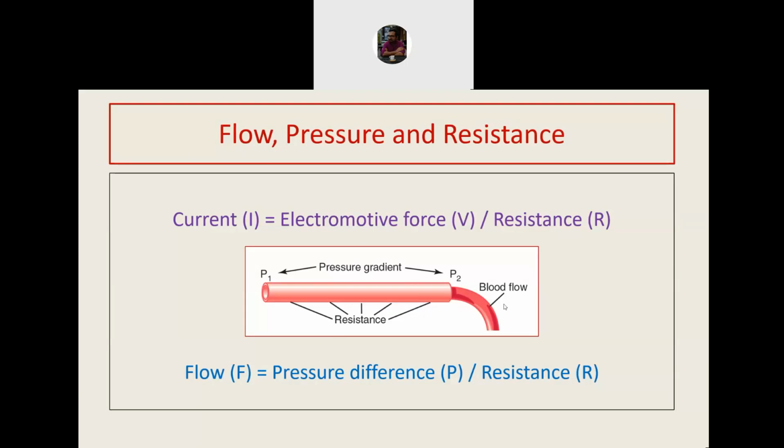In a similar manner, if in a blood vessel there are 2 points P1 and P2, creating a pressure gradient of P, which is P2 minus P1, and there is a net flow of blood which is represented by F, and the resistance offered by the vessel is R, then here as well, in a very analogous manner, the F will be equal to P by R.